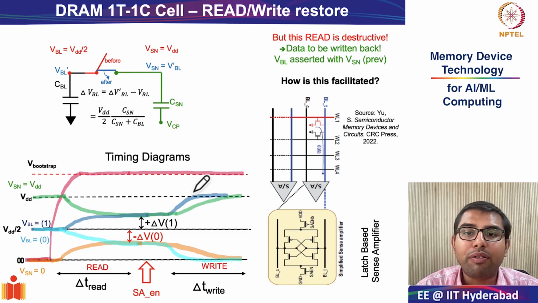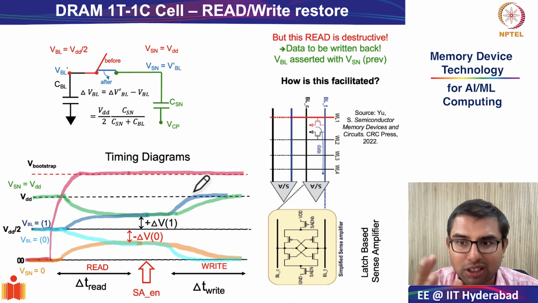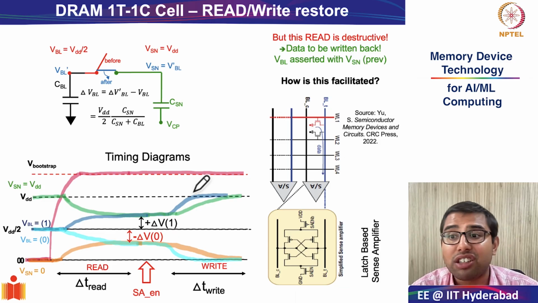In the current module, we were trying to study the DRAM technology. Till now, we have done a deep dive and a detailed study on the fundamentals of the DRAM cell structure, both what it looks like in a textbook, just a 1T, 1C, and also what it looks like in a fabricated chip.